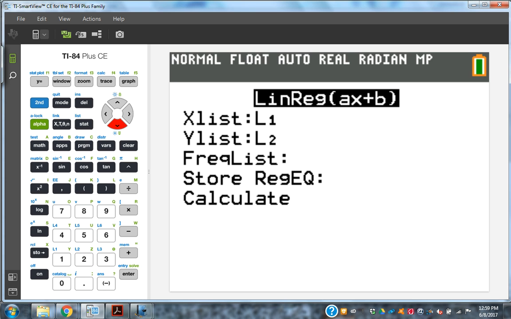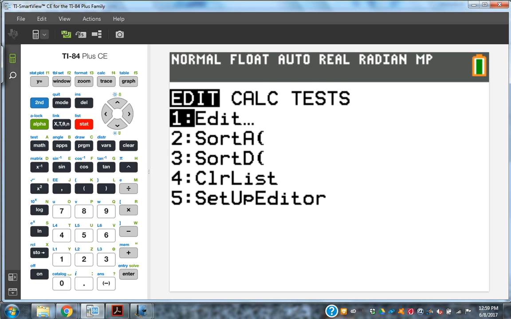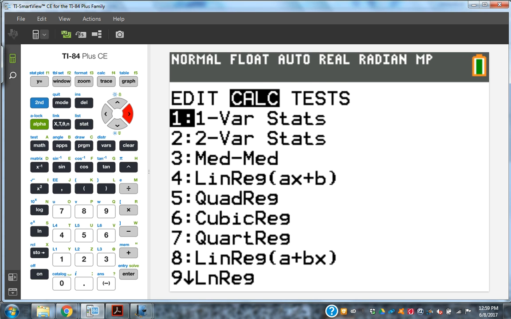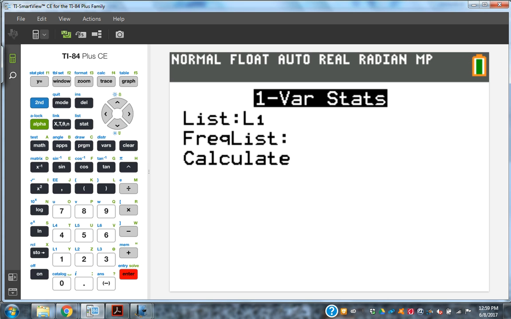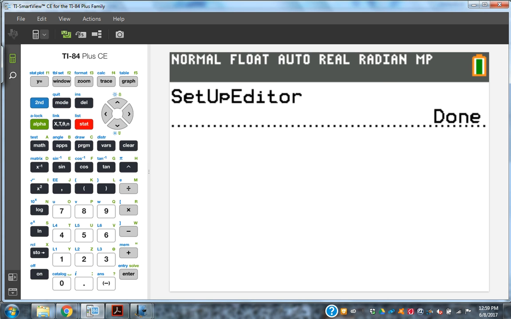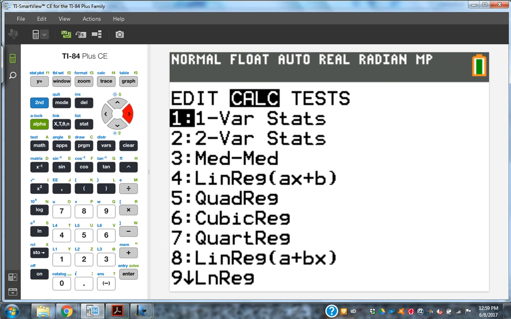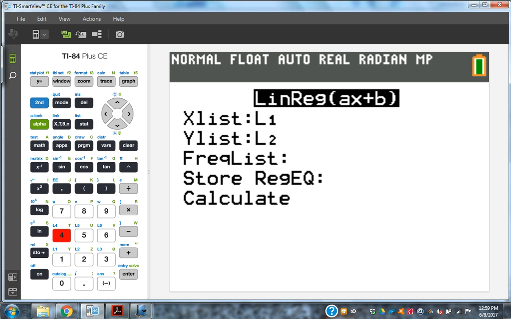If you're using the TI-83, all you need to do is press enter after you've hit stat, moved over to calc, and selected option 4, linear regression. If you're using the 83, it's going to default to using list 1 and list 2 as the X and Y, which is what you want to happen anyway.